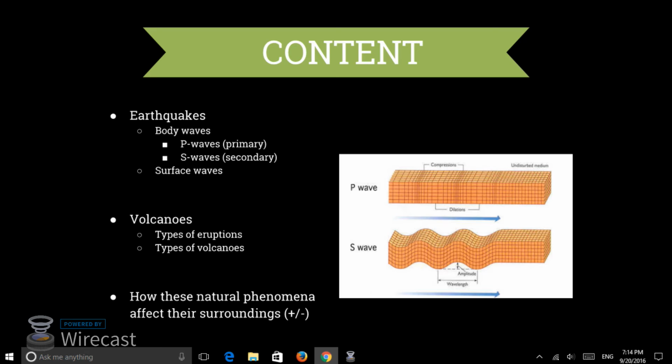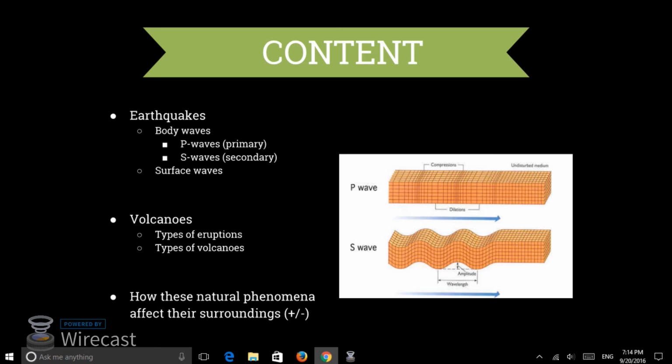The way to differentiate them is that P waves are primary waves, meaning they're the ones that arrive first, as aforementioned, and they can move through solid rock and fluids like water or the liquid layers of the earth, so they can go deeper than the crust, and they can push and pull the rock. It moves just like sound waves push and pull the air. It's similar in that aspect.